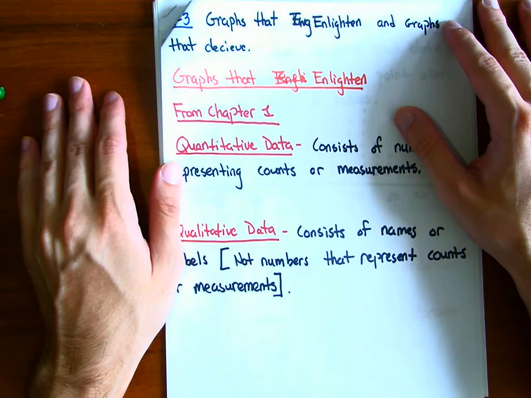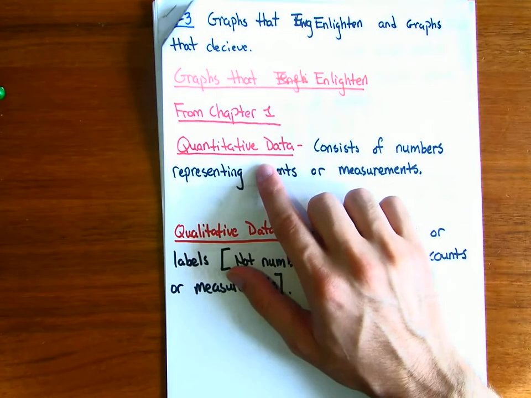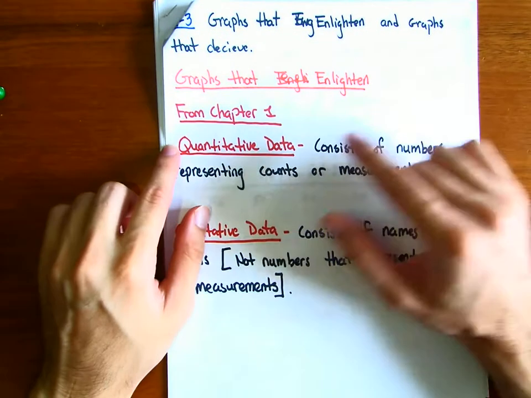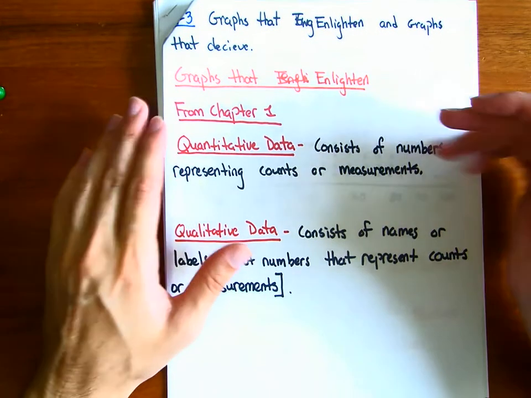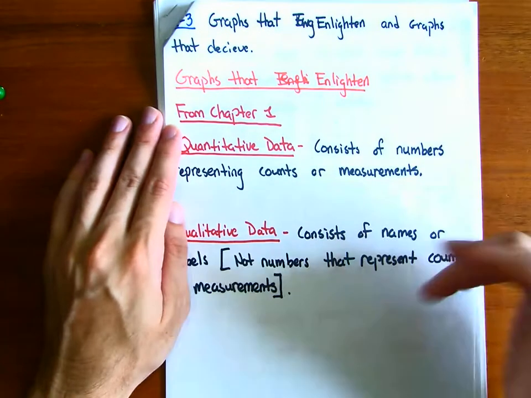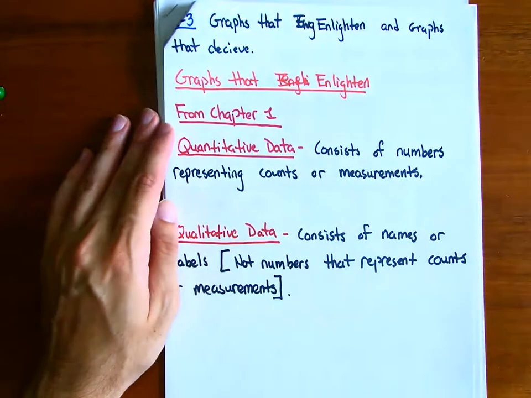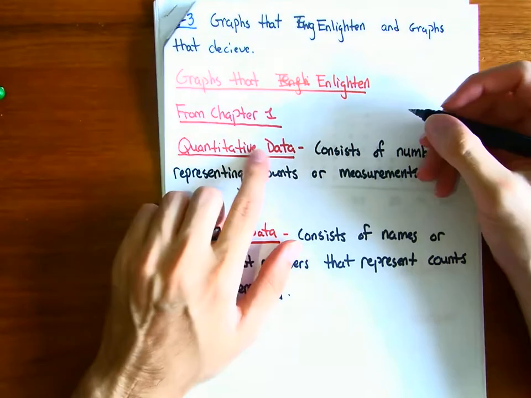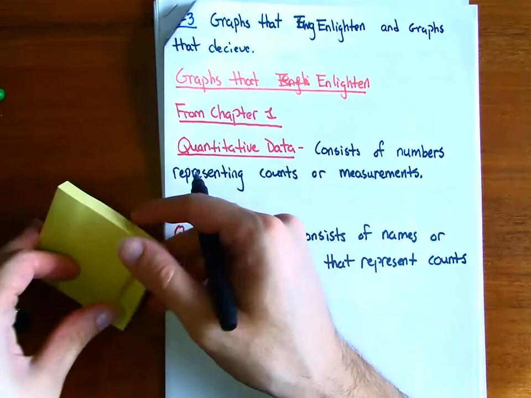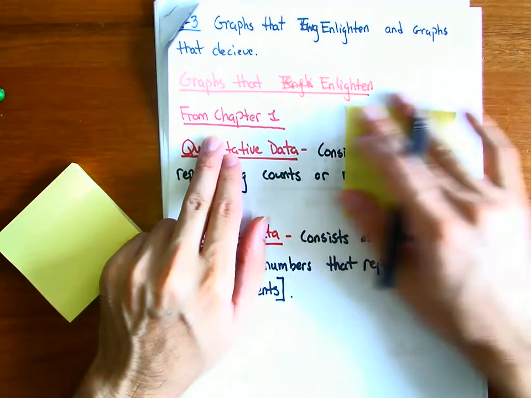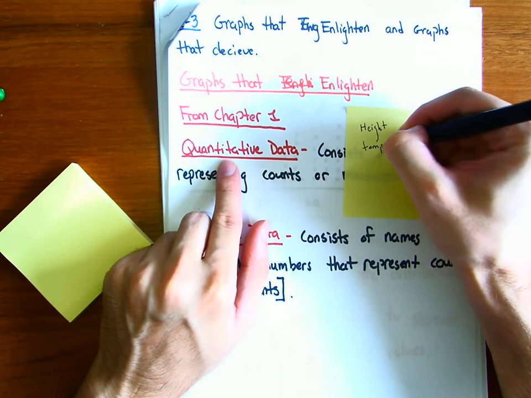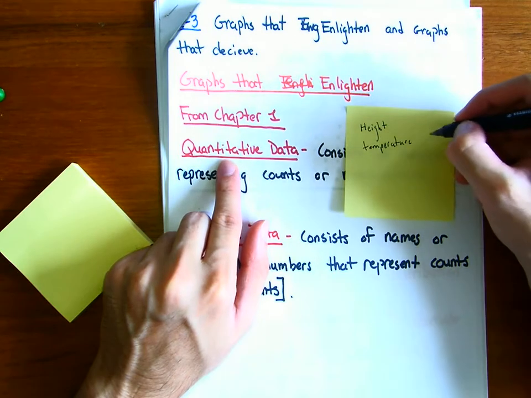The idea, these two quick definitions: we have quantitative data and qualitative data. When we talk about quantitative data, think about things that consist of numbers or represent measurements. Qualitative data would consist of names, labels, etc. So for quantitative data, let's say how tall people are, height, temperature, anything to do with actual numbers.